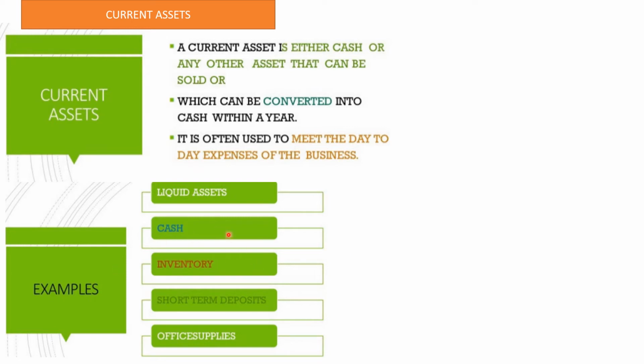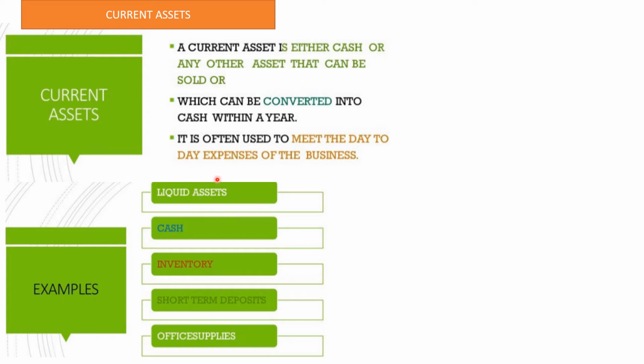Inventory we have discussed in the previous videos. Then liquid assets. Liquid assets means the assets which are readily convertible into cash. A very good example of liquid assets is debtors. Debtors can be easily converted into cash within a period of 1 year. So debtors, office supplies, inventory all come under the category of liquid assets, because these assets can be easily converted into cash.